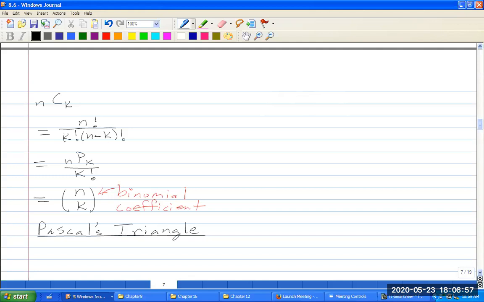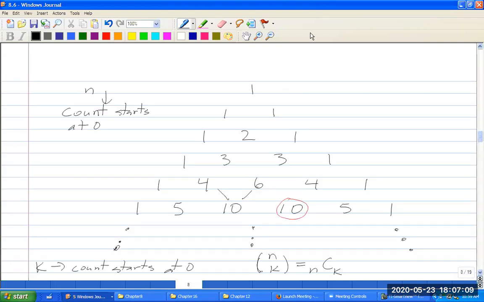Let me tell you about Pascal's triangle. We'll be doing much more of it in section, I think, 8.1. But let me just say, to construct Pascal's triangle, you start with a 1, and then go down, drop down the 1s on the outside of your triangle, and then add the 1s above. 1 plus 1 is 2.